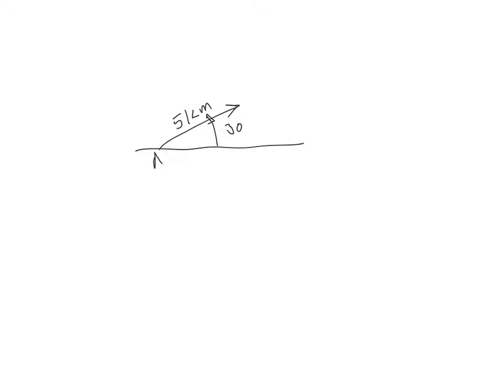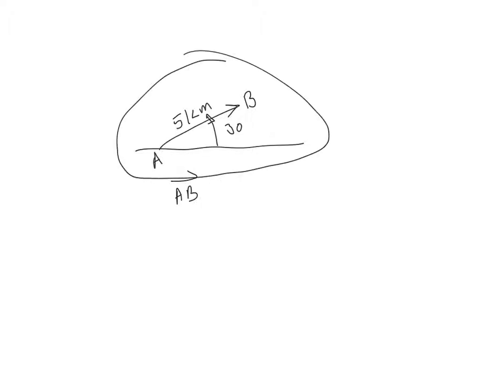I'm going to denote the starting of the vector with A and the ending with B. I can also represent this vector using symbols as AB with a vector on top. So I can either represent a vector using words, saying 5 kilometers at 30 degrees with the horizontal, with a geometric vector like this one, or with symbols like this one.